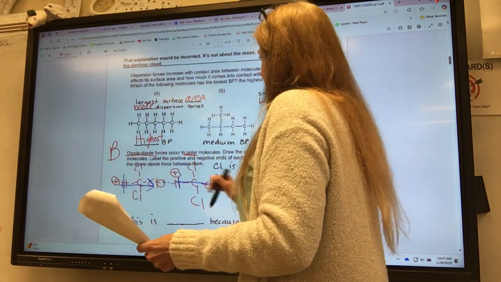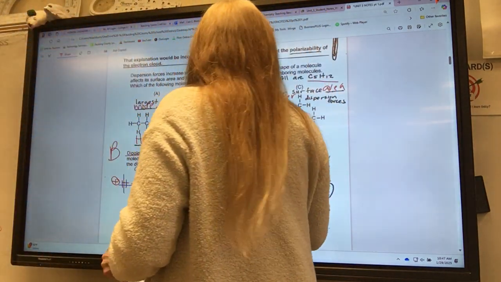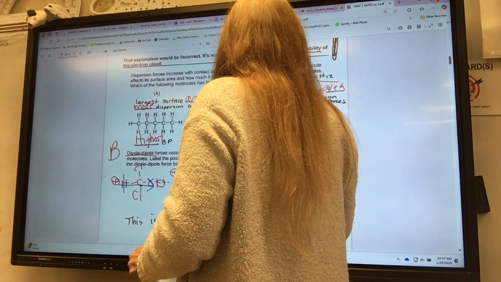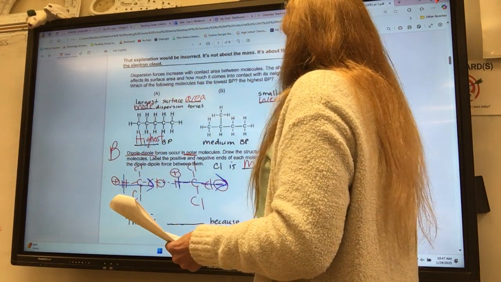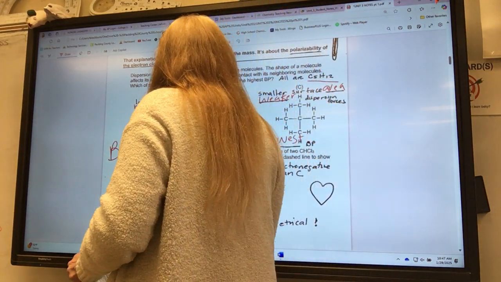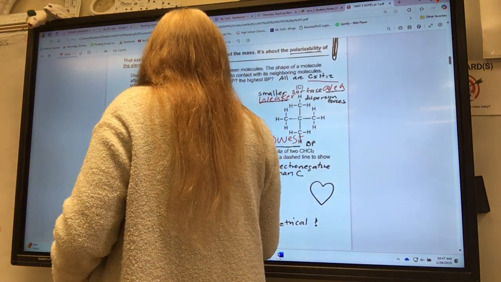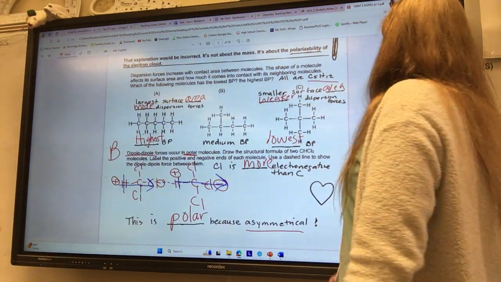So the chlorine, I'm going to go back to red. I think it's a little easier to see. The chlorine is more electronegative than the carbon, and so it has that negative. And this is because they are polar. Polar molecules, and why are they polar? Because they are asymmetric. Okay, good?